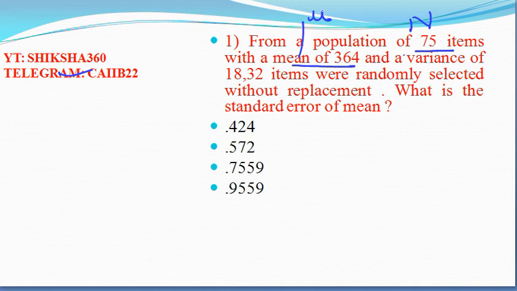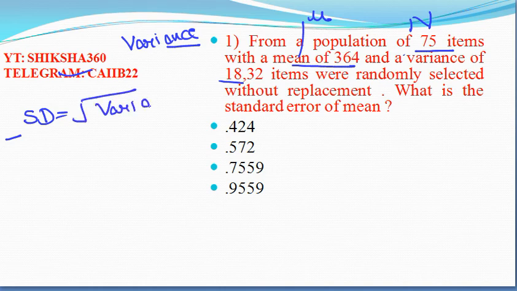Here a new term comes, variance. Till now we have not discussed how we can calculate standard deviation from the variance. Standard deviation is equal to under root of variance. And 32 items were randomly selected without replacement. Basically they have a sample, so this is small n.